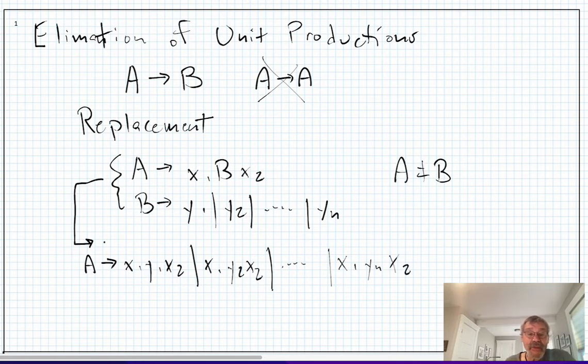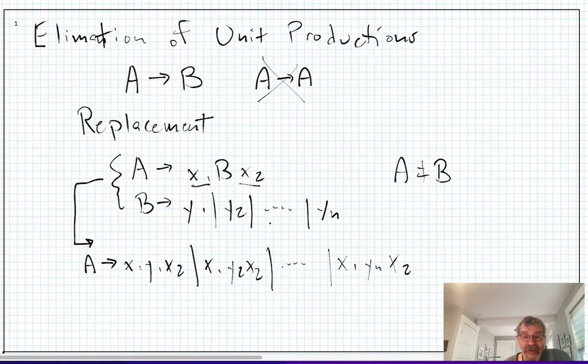We could replace this production for A with this production for A. Now, in the example of unit productions, you would almost think that it's the same thing. It would seem that if you were to just let x1 and x2 both be lambda, it would be the same thing, and you could just employ the same rule.